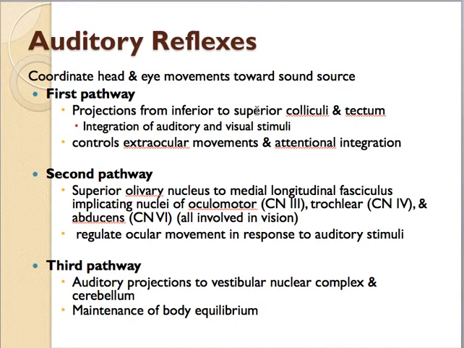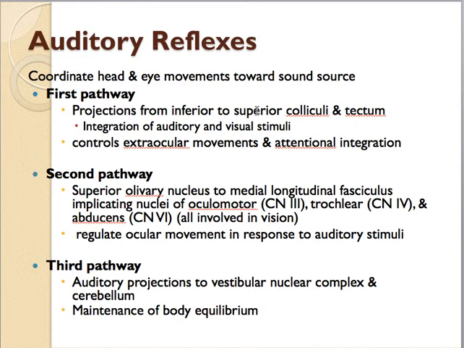Collectively the inferior and superior colliculus are called the tectum. That's involved in rotating an individual's head towards the auditory stimulation. So you're having control of not only muscles of the head, but also of extraocular muscles. And so this is your reflex here.